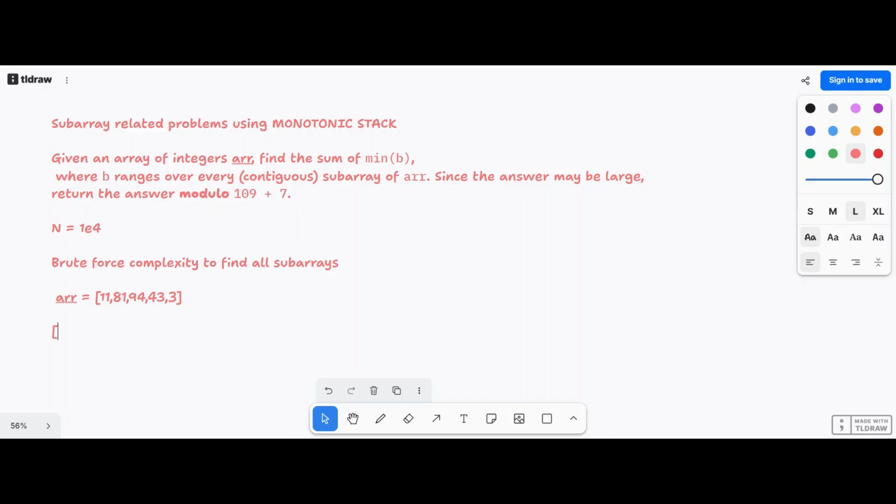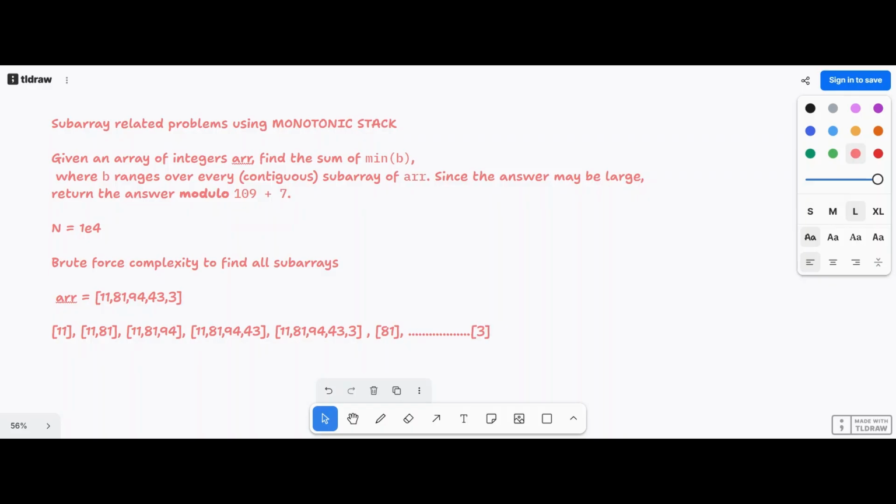Subarrays could be 11, 11 81, 11 81 94, 11 81 94 43, 11 81 94 43 3, then only 81, and then 81 94, 81 94 43, and so on until only 3.